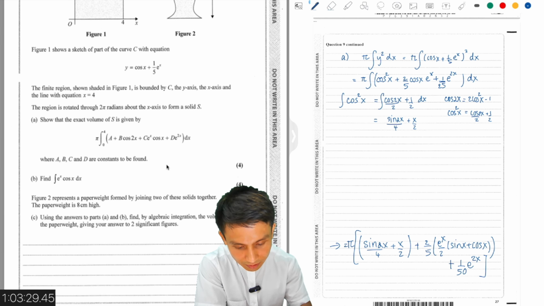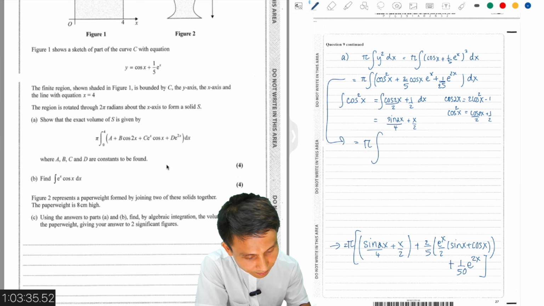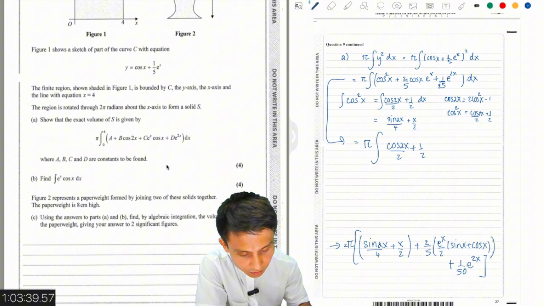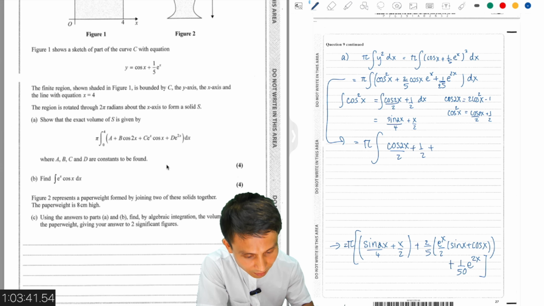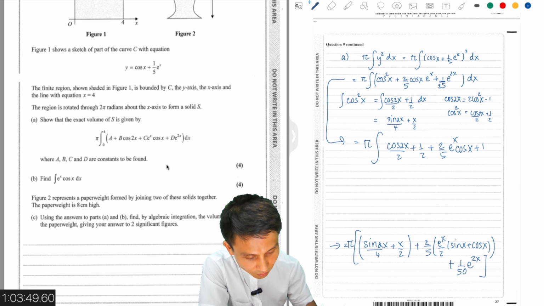I'm not gonna delete that. So this will be pi square root. So cos squared is cos 2x over 2 plus 1 over 2. And then we have here 2 over 5 e to the x cos x. I'm just gonna copy down the template there. And plus 1 over 25 e to the 2x dx.